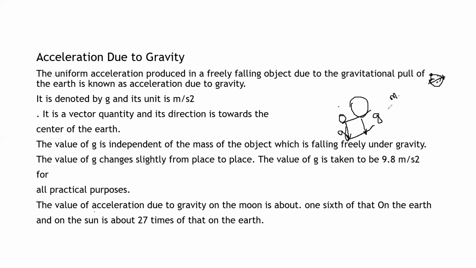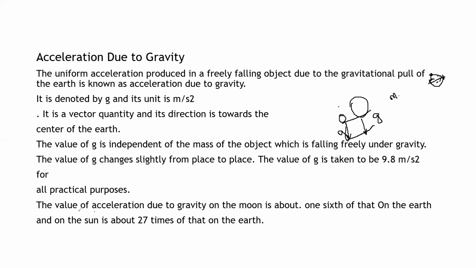It is not like in one place it is 9, in another place 2, in another 12. Very small changes in the value of g will be there. Next, the unit is meter per second square, and the value is found to be 9.8 meter per second square. In the next slide we will see how this value comes.